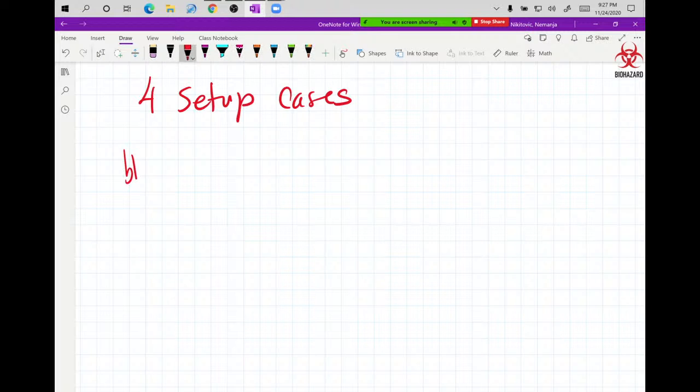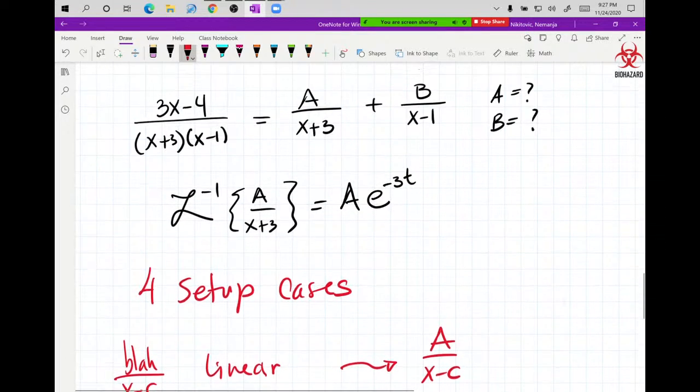All right, so what are the 4 cases that you have to memorize? Now, I usually write blah over x minus c. This is called linear, right? And the setup for that is A over x minus c. So you will just put A on that term, which is actually what I have here.